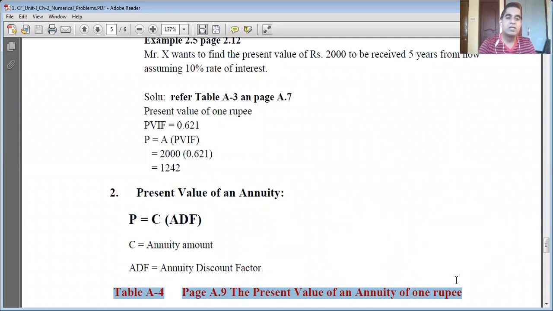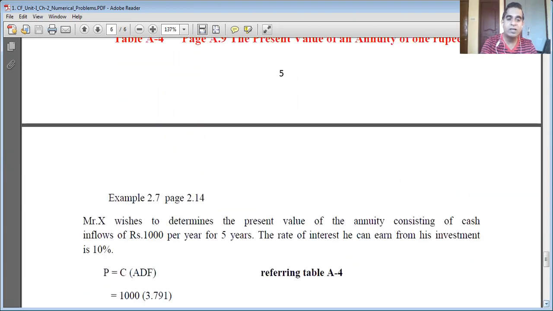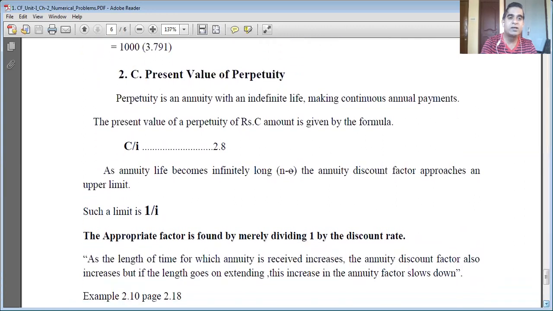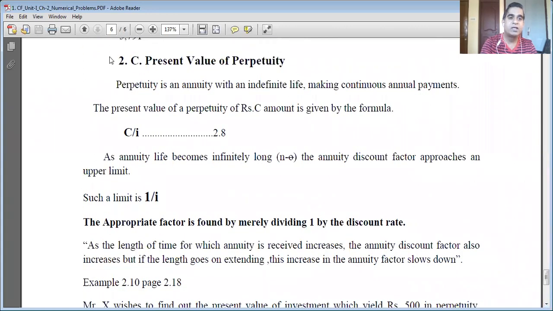Okay, so same way, then the third case or third situation in a discounting technique, finding present value, is related to something called perpetuity. So in discounting technique, the third situation or third case is about finding present value of perpetuity.